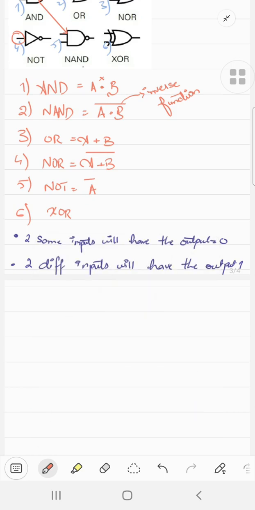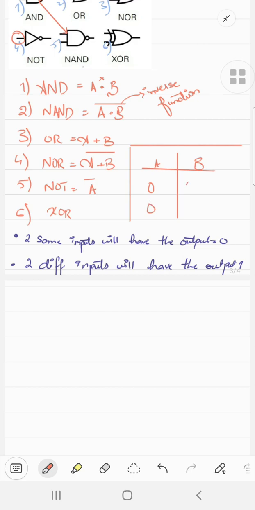See, you are given the values. I'll be drawing it here because I don't really have much space. A and B. Zero and 1.